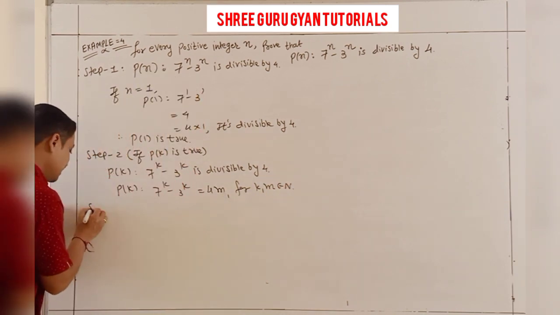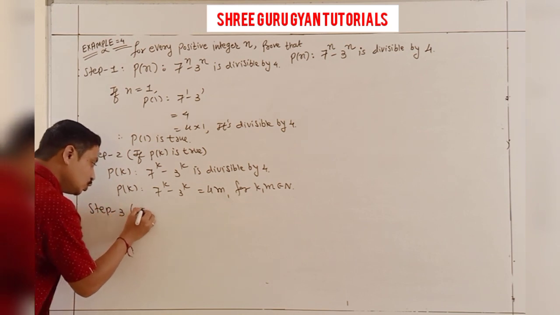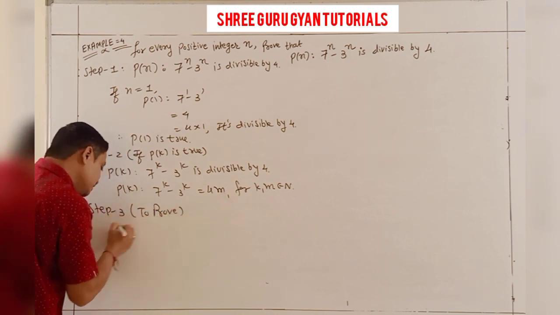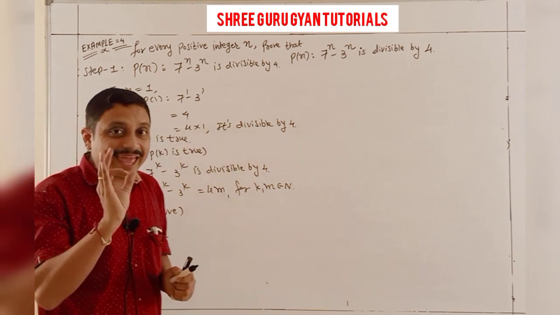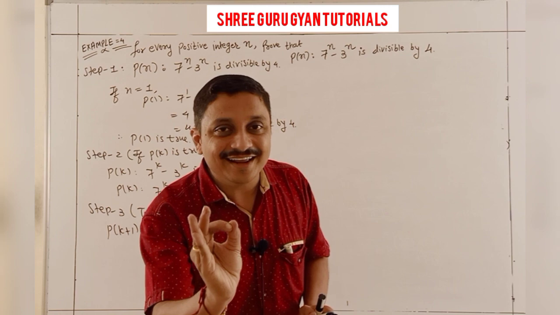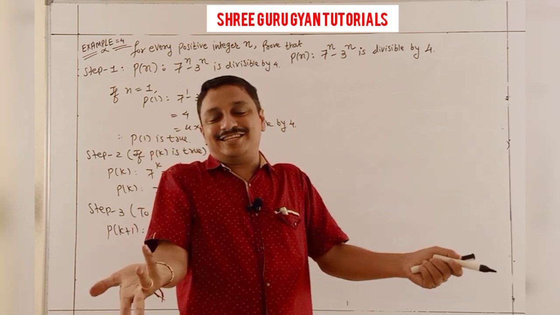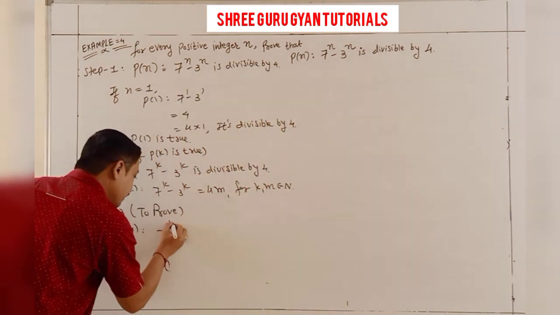Yes. So now step 3, to prove. What is step 3? P of k plus 1. Only k changes to k plus 1. That's step 3.